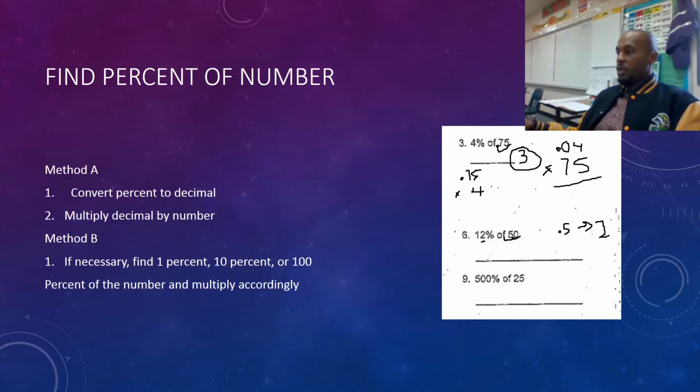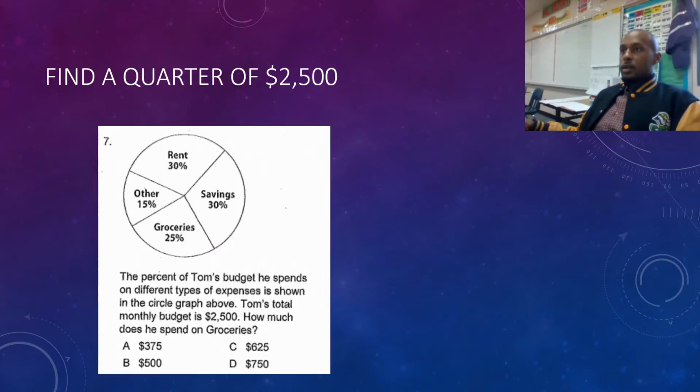If I know 2% is 1 and 10% is 5, I add those two together. 1 plus 5 is 6. 500% of 25. I know 100% of 25 is 25. 500% is just 25 times 5, which is 125. Easy.